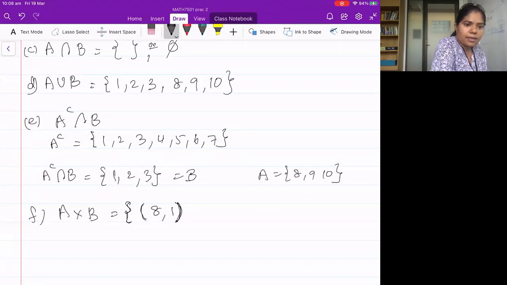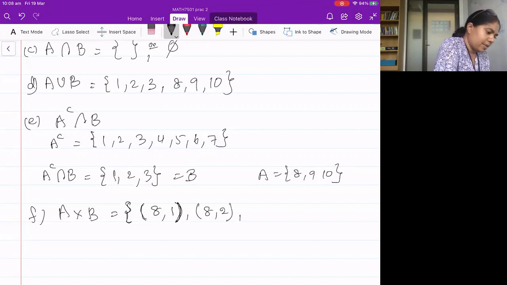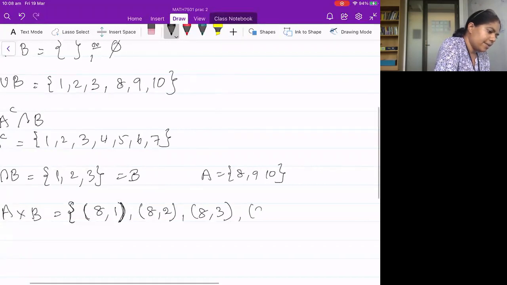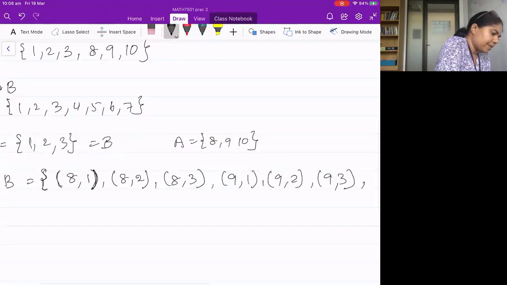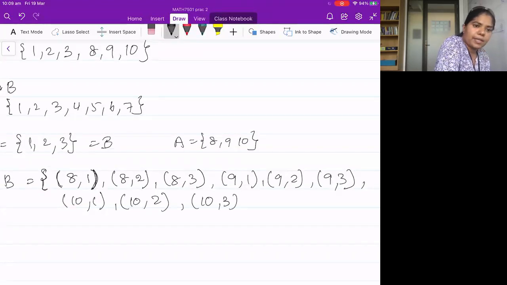Okay, the next ordered pair would be (8, 2), (8, 3), and the next element in A is 9, with (9, 1), (9, 2), (9, 3), and the next one is (10, 1), (10, 2), (10, 3).